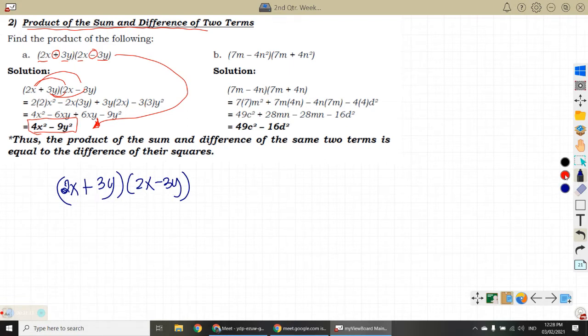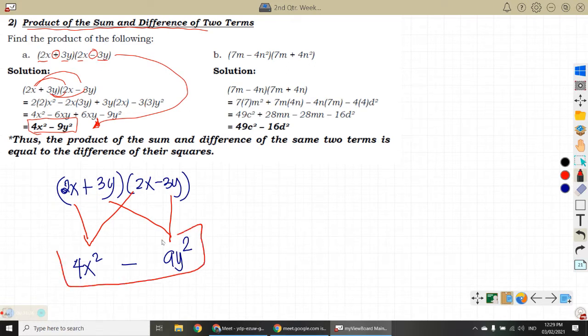So, what you're going to do, ito, i-multiply nyo lang yan. And then, ito, i-multiply nyo lang yun. So, when you multiply that, we have 4x squared, and then we have 9y squared. And then, the product should always be minus. This is the final answer.